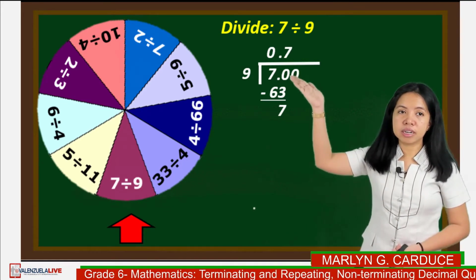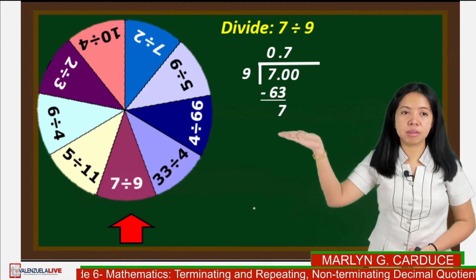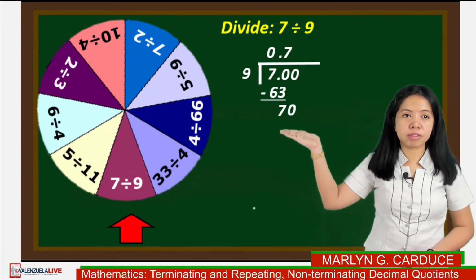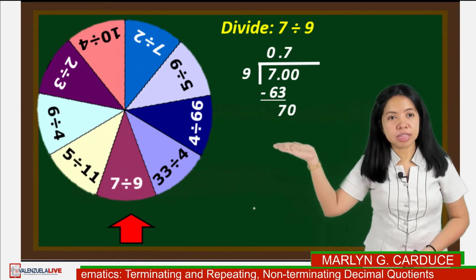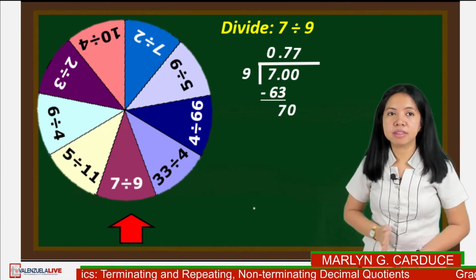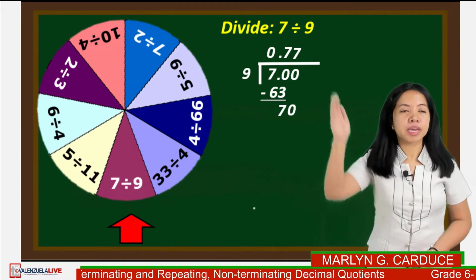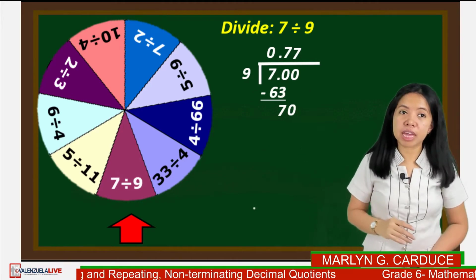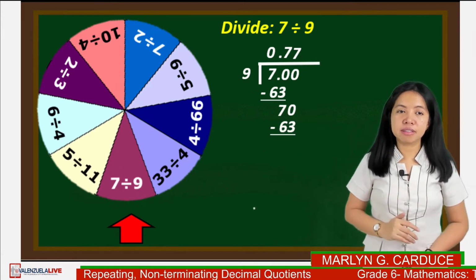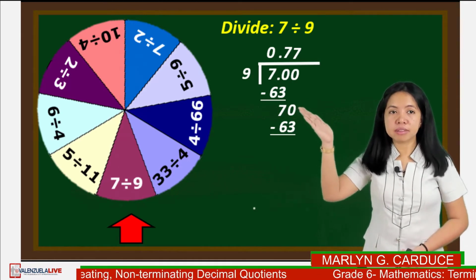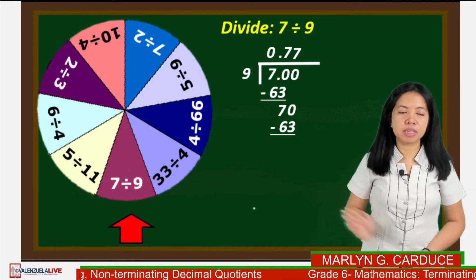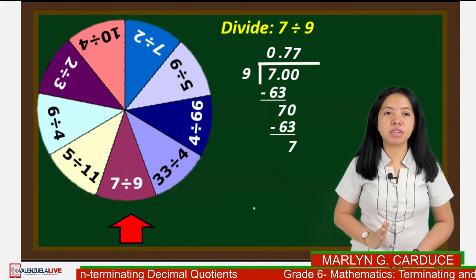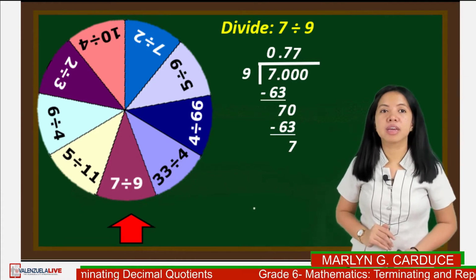And let's write another 0 in the dividend and then bring down. So that will be 70. 70 divided by 9 is 7. And then let's multiply 7 by 9. So 7 times 9 is 63. And let's subtract 70 minus 63 is 7.